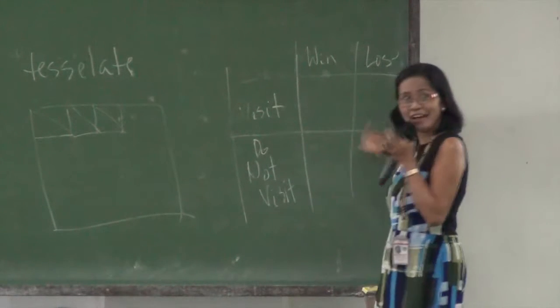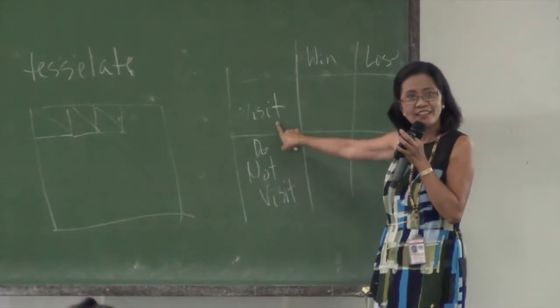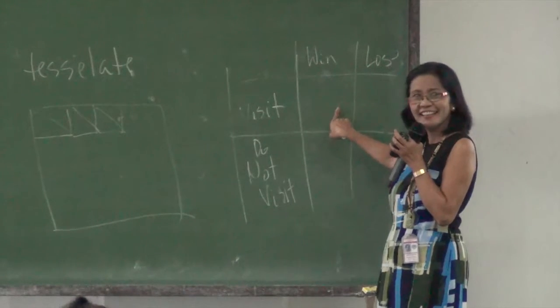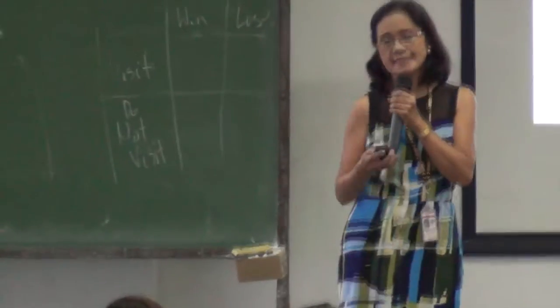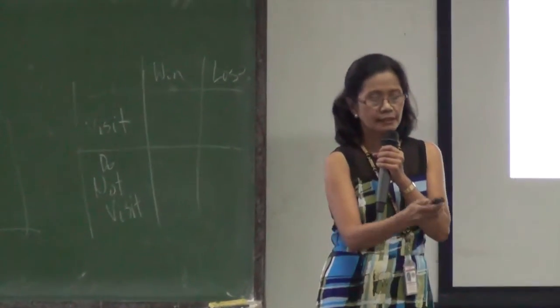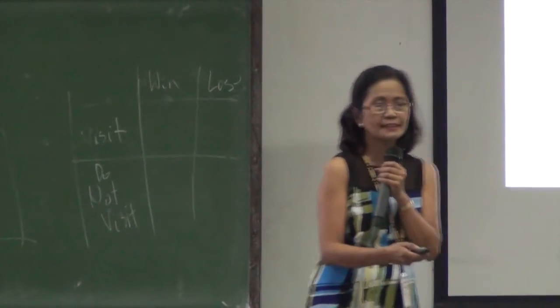And then you place the values here. So when you visit and you win the region support, you get 7. Like that. So you enter the values and then you apply game theory criteria. And that's the maximin criteria or the minimax criteria.